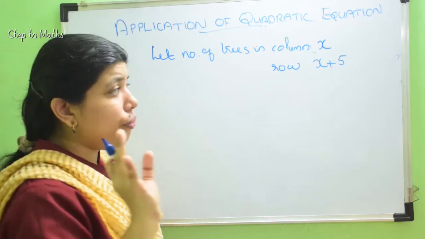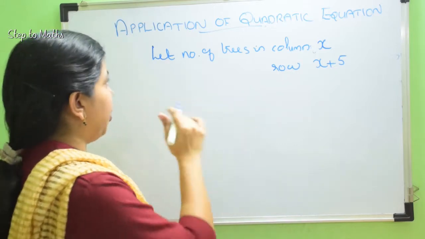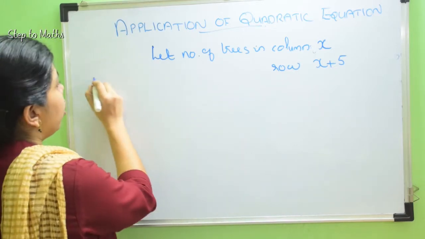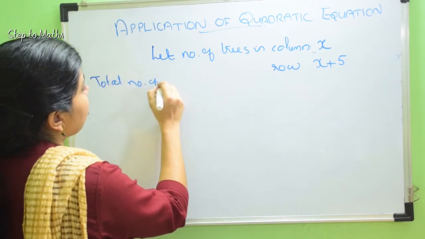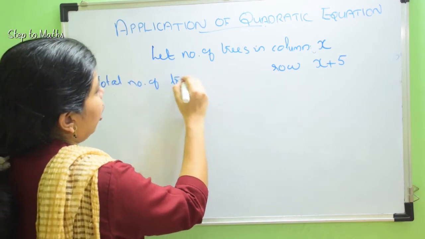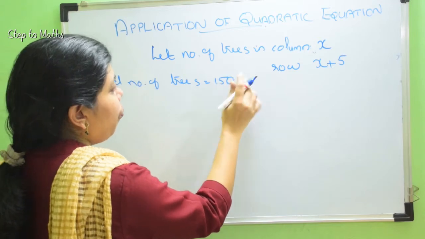The total number of trees is given as 150. Total number of trees equal to 150.